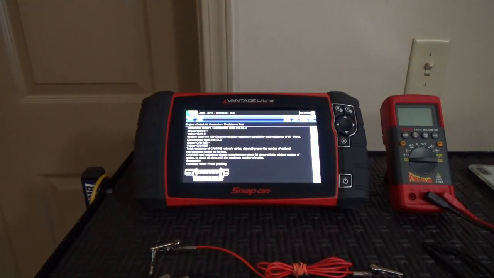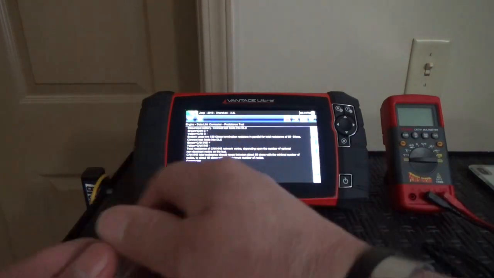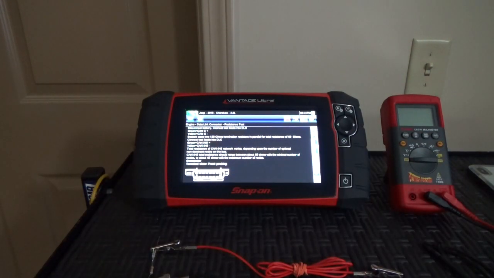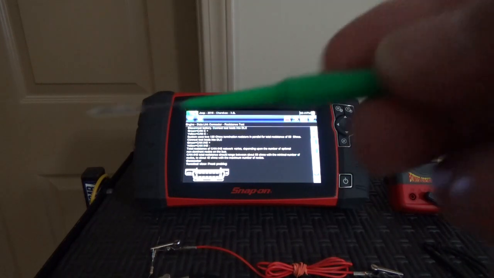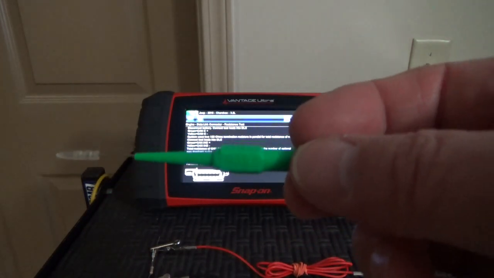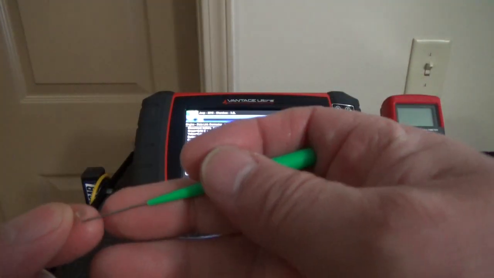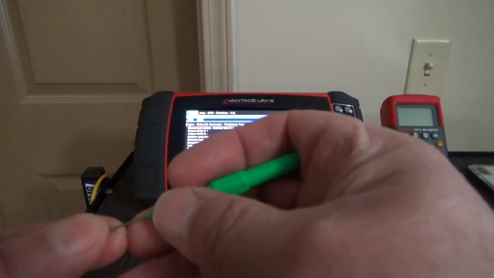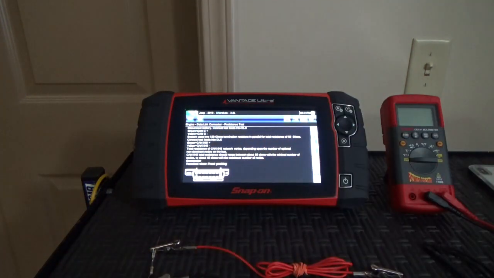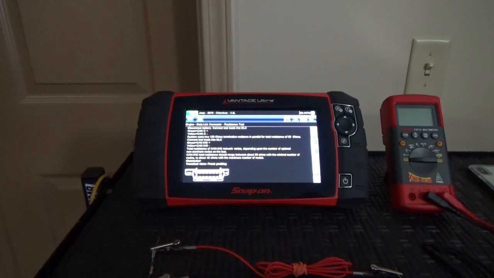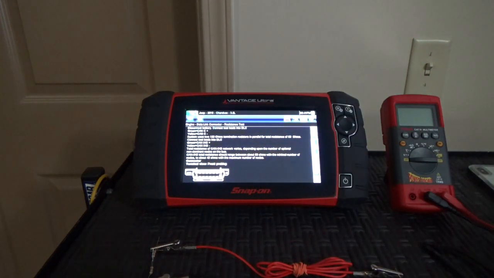And the other thing you can do is use these kinds of plugs. They're like needles. And be careful when you push this in not to open the terminals, because if you open the terminals, you're creating another problem. So using a T-pin like this can damage the terminals.